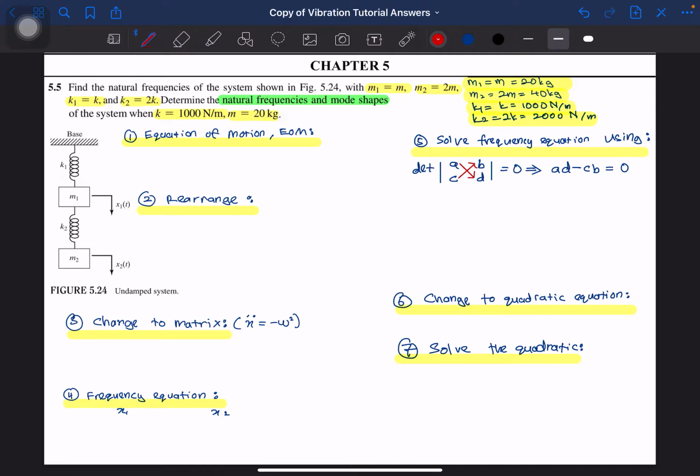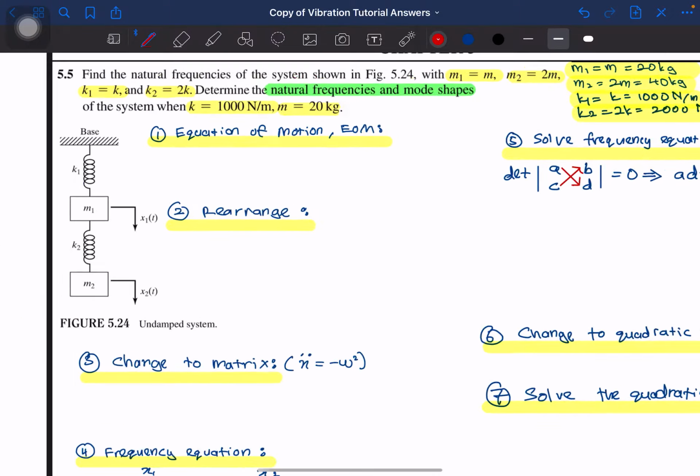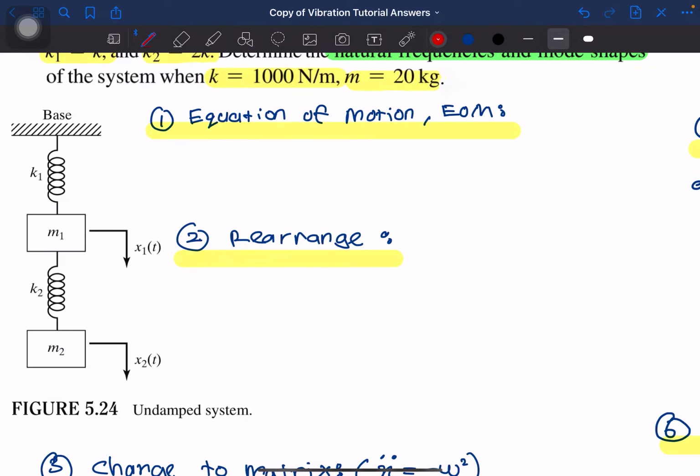first of all, find the equation of motion. For this question, as you can see in the diagram, it is actually very basic, meaning the system is only translational, undergoing translational motion only.